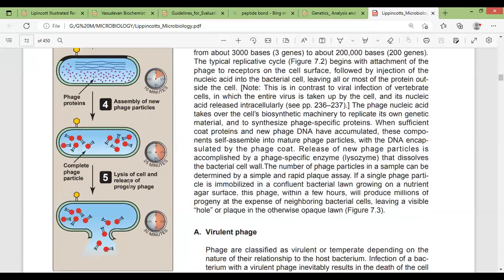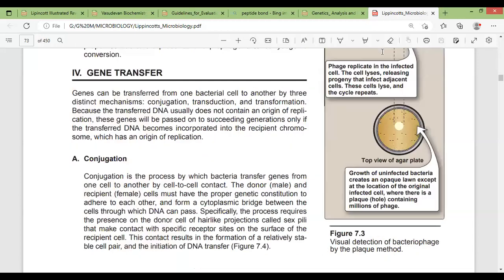Finally, we will finish with gene transfer. Why is gene transfer important? Especially right now, when AMR is the next pandemic. And you wonder, if it's the next pandemic, why can't we be preparing ourselves for this pandemic?